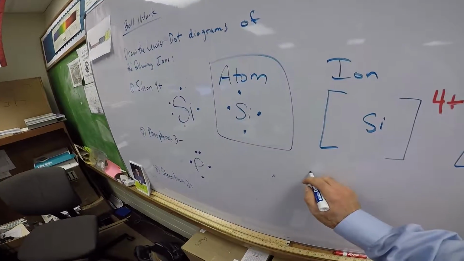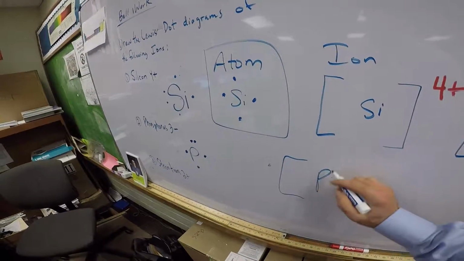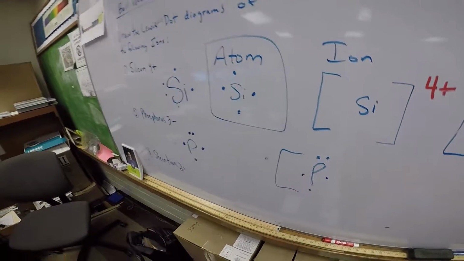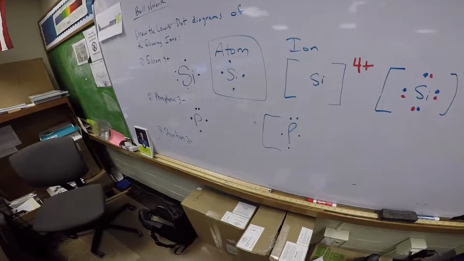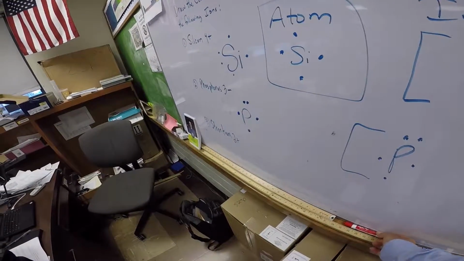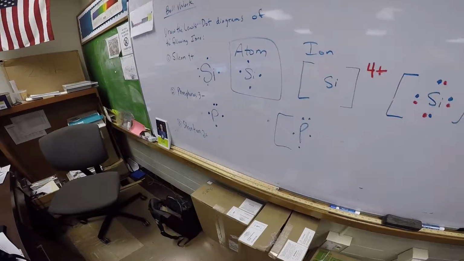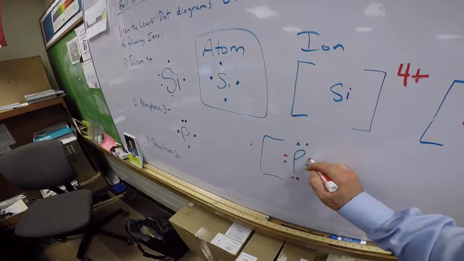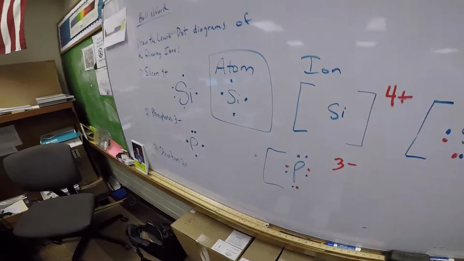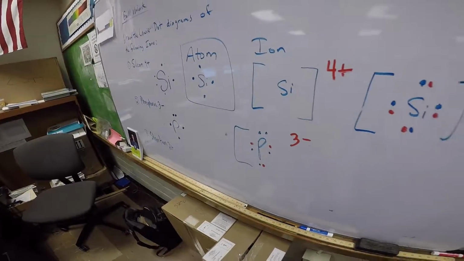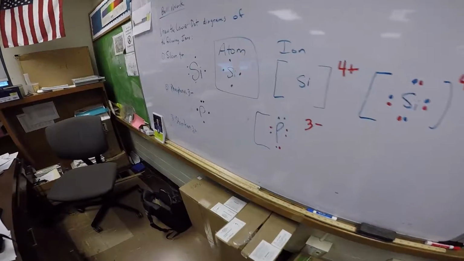So as an ion, you're going to say, and it is going to gain 3 electrons, right? All right, so write that down for phosphorus. This is what phosphorus will look like.